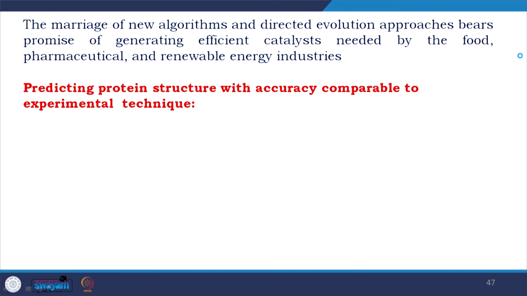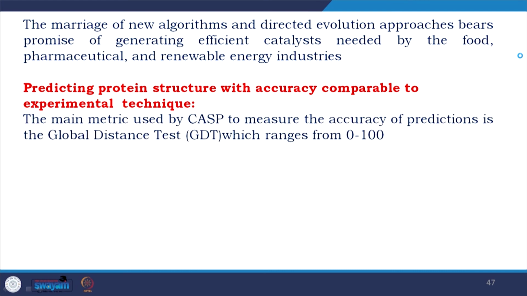Last but not the least, predicting protein structure with accuracy comparable to experimental techniques. The main metric used by CASP, you already know what is CASP, to measure the accuracy of prediction is global distance test or GDT, which ranges from 0 to 100.